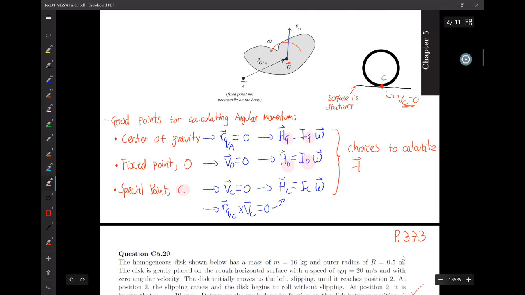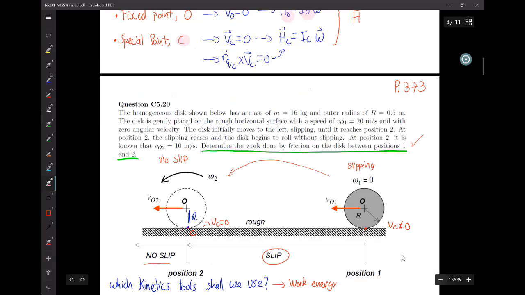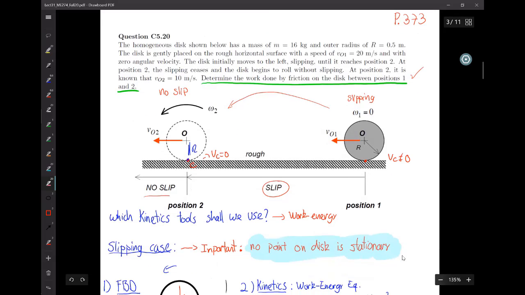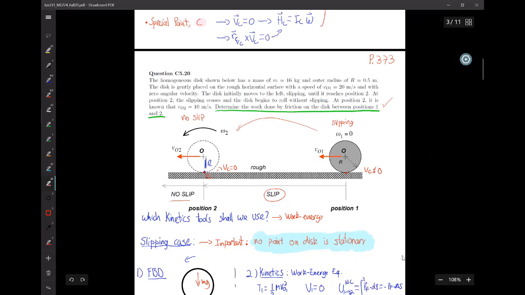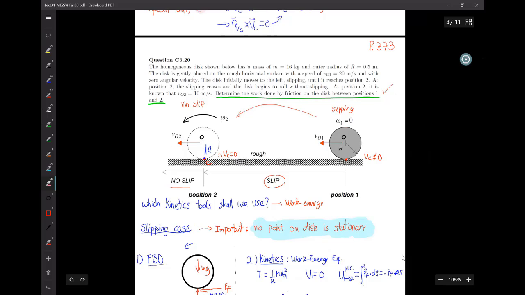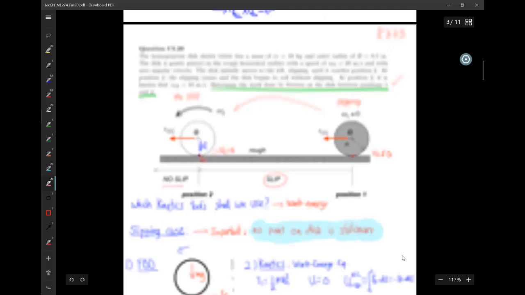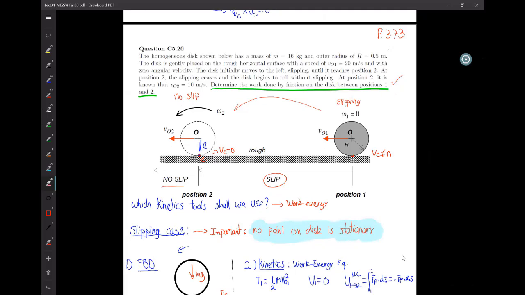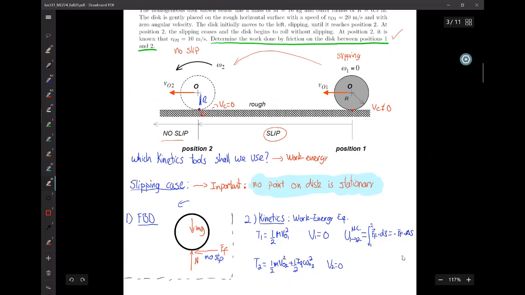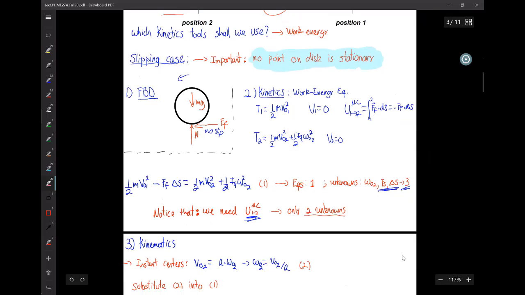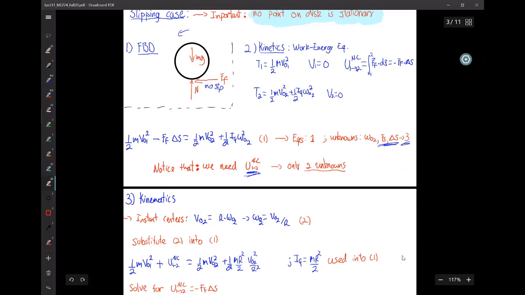So I want to go to this problem that we did last time. Hopefully you remember it. It was about calculating the work done from this disk when it was moving from position 1 to position 2, right? And then we used work energy, and we were happy with the results.